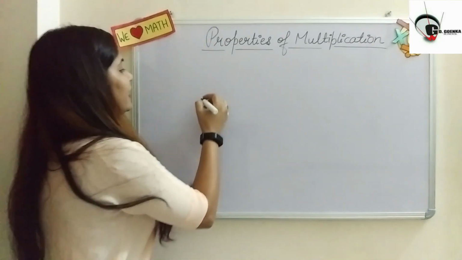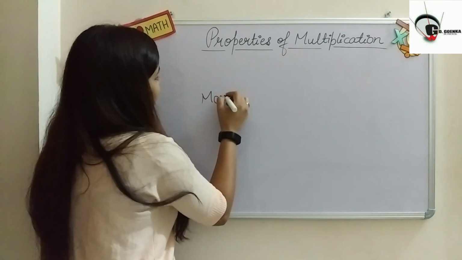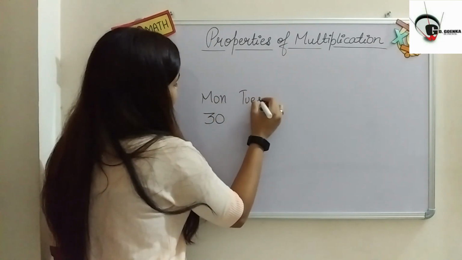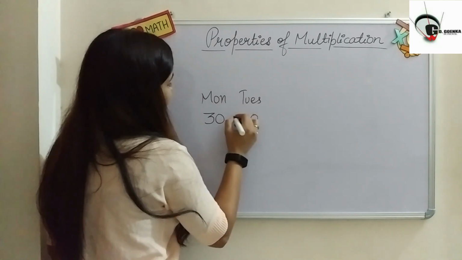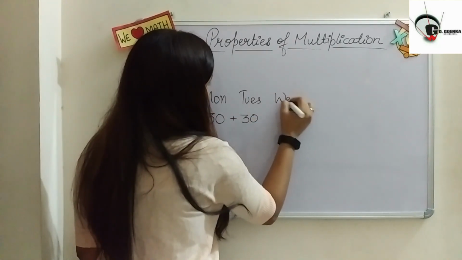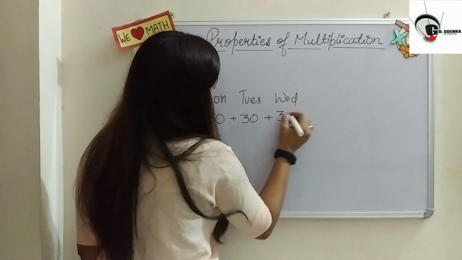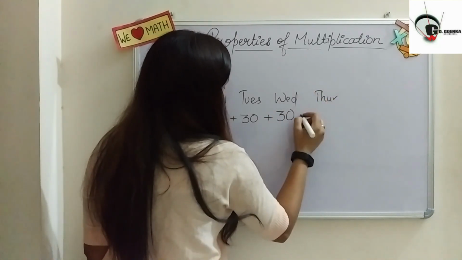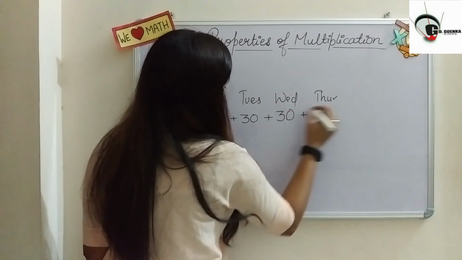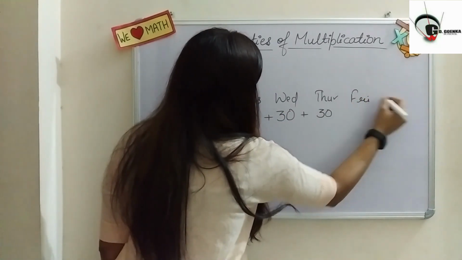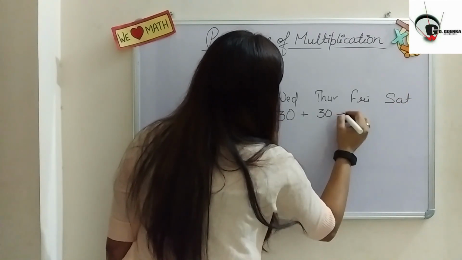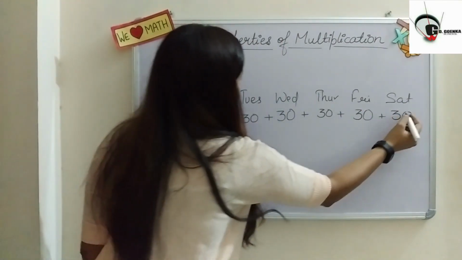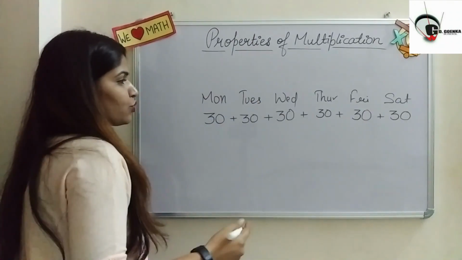Suppose she will give 30 candies on Monday, 30 candies on Tuesday, 30 candies on Wednesday, 30 candies on Thursday, Friday and Saturday. More 30 and more 30, and you are going to add all these 30s together.